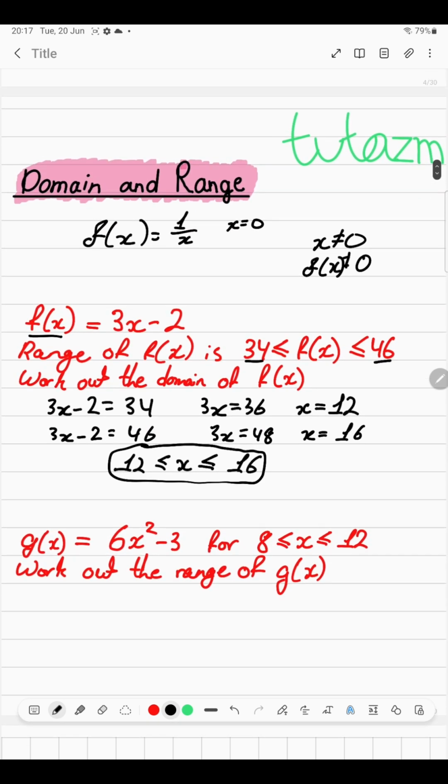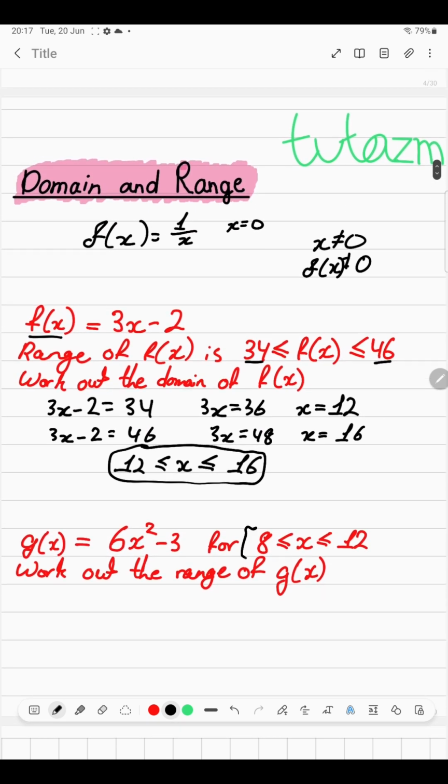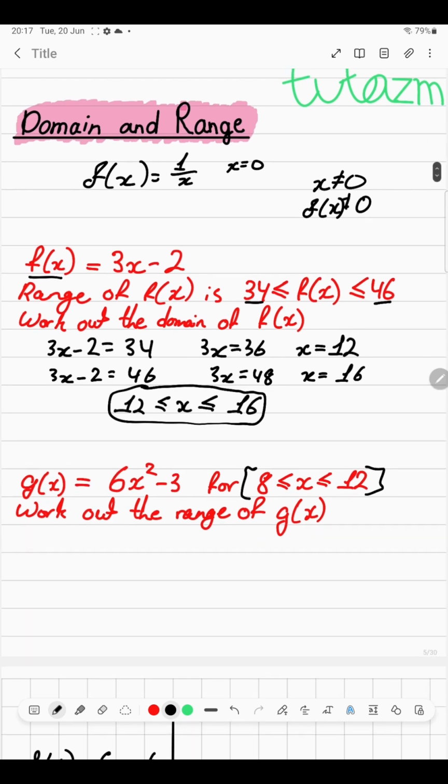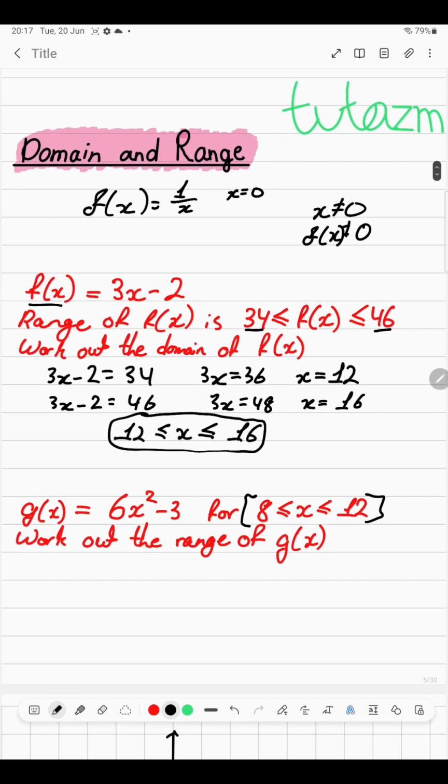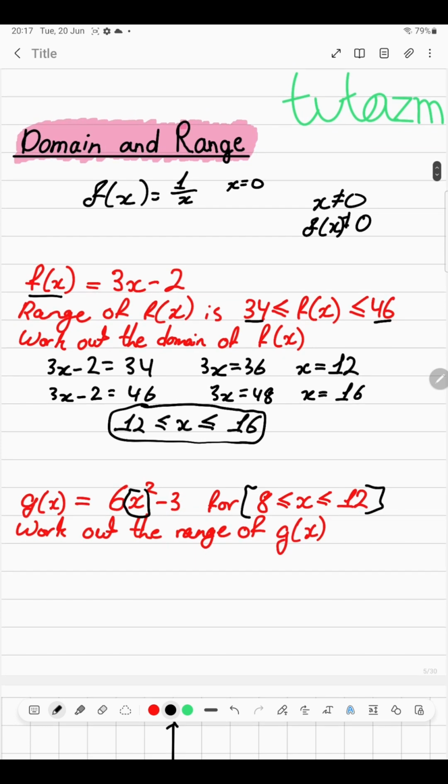You could also be given the domain and given the function and asked to work out the range. So in this case, you'd plug in x here and you'd work out g of x.